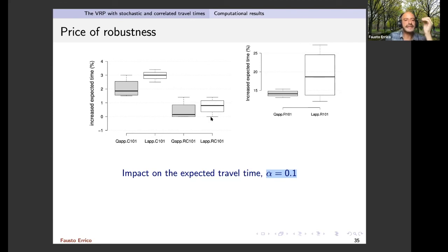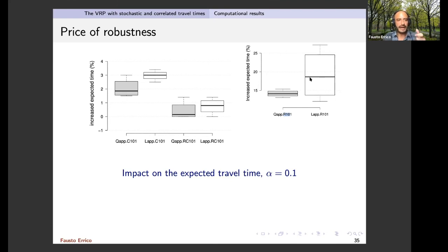In both cases you can see the tendency is in common, and the increase in expected travel time is pretty low. For the R, the average increase in expected time is 15% for the quadratic and almost 20% for the linear.